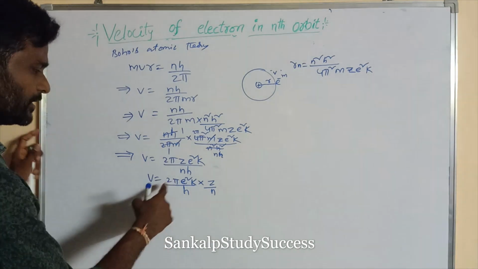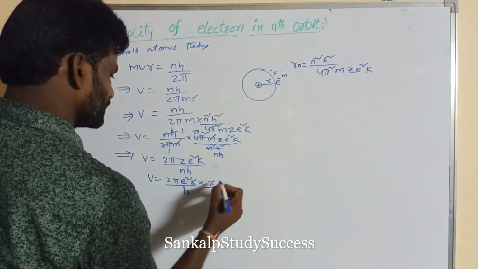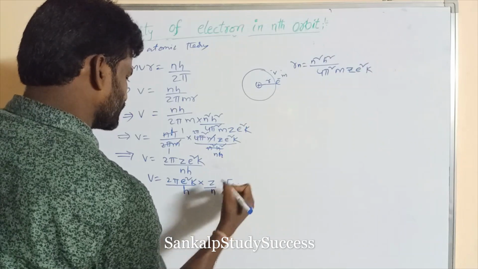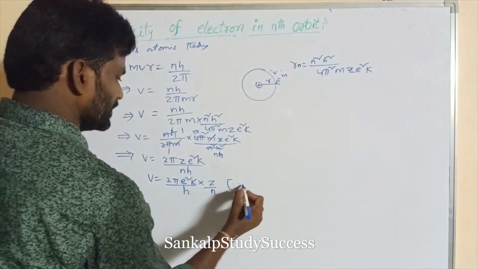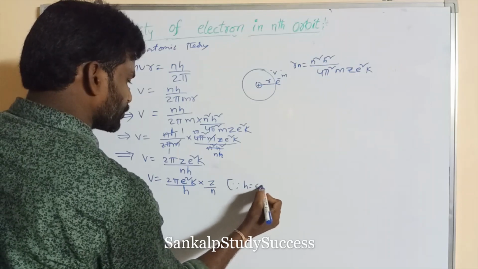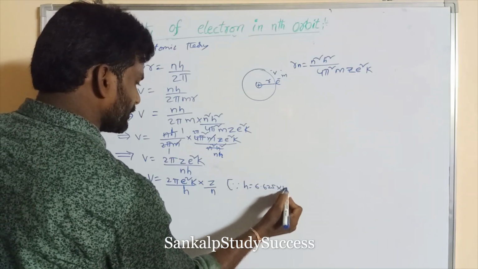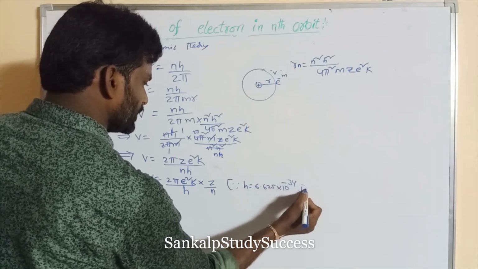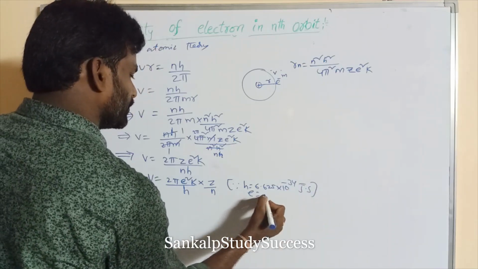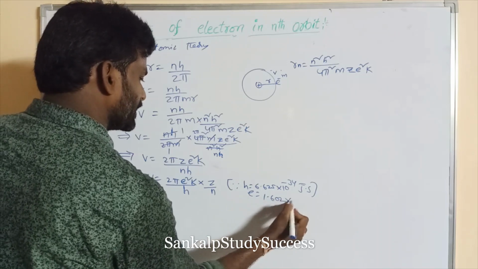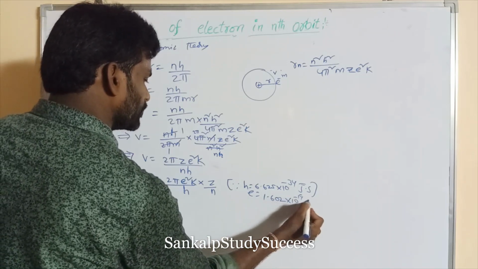Now we know these values. What are its values? Charge of electron, h value, h is equal to 6.625 into 10 to the power of minus 34 joule second, and e value 1.602 into 10 to the power of minus 19 coulombs.